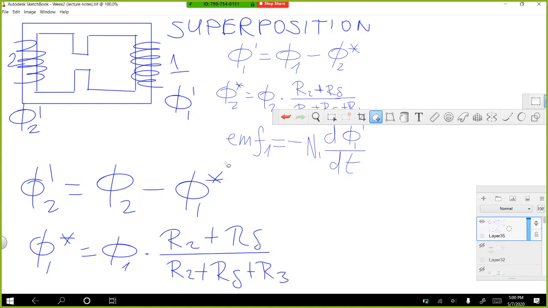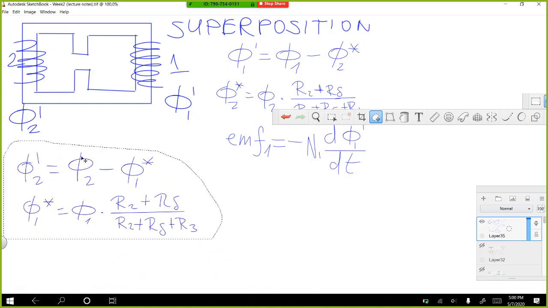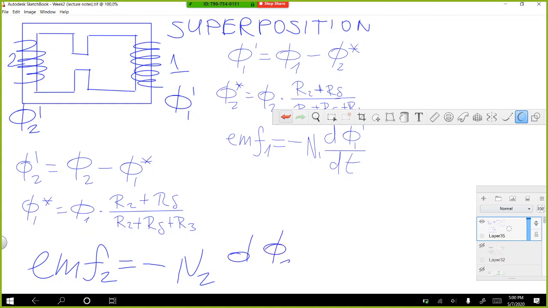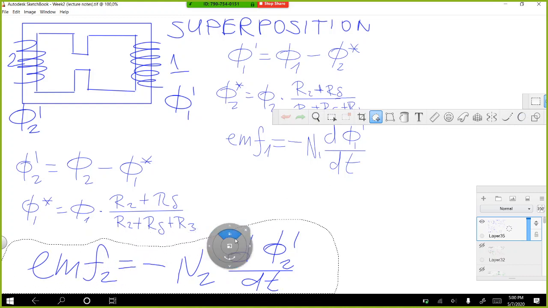And here again we can find electromotive force 2 as minus n2 d phi2 prime over dt.